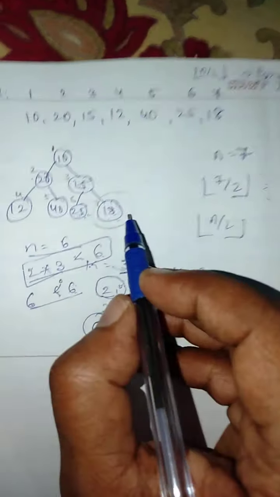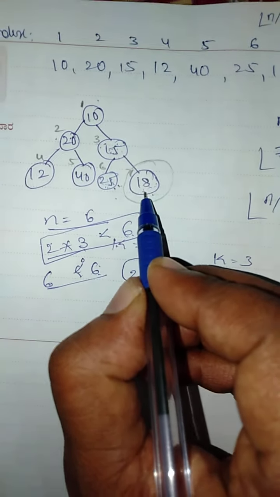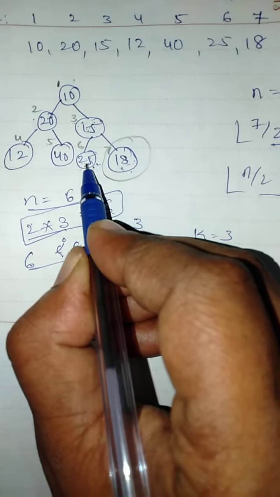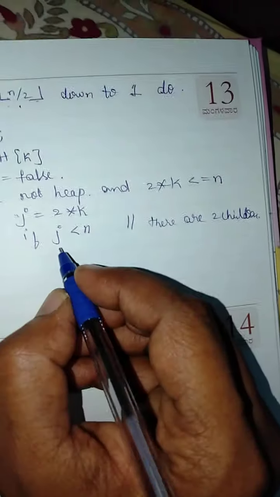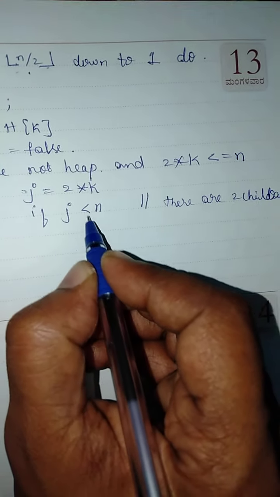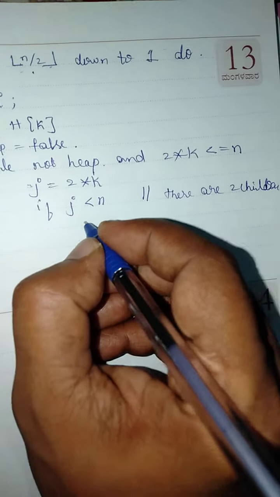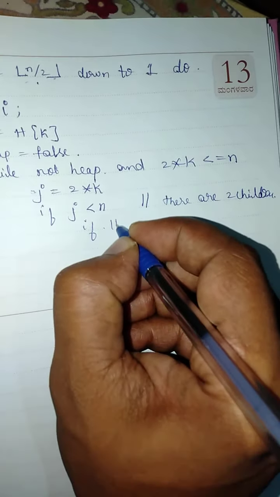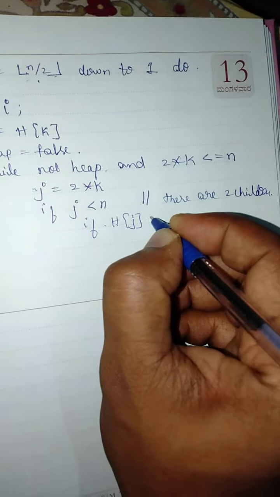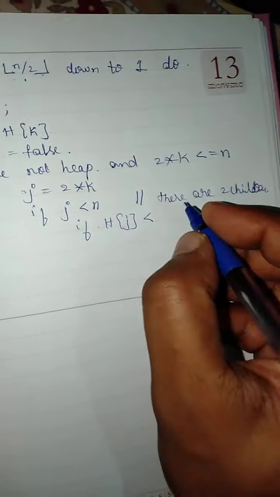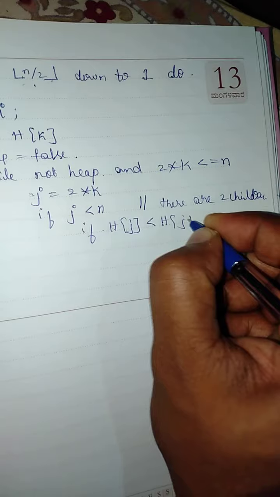Therefore we have to check whether this right child is greater than the left child. Therefore, and that checking is to be done only if there are two children, and if j is less than n, there are two children, and if h of j is less than h of j plus 1. What does it mean?